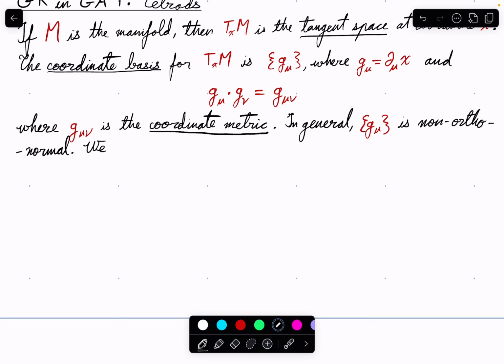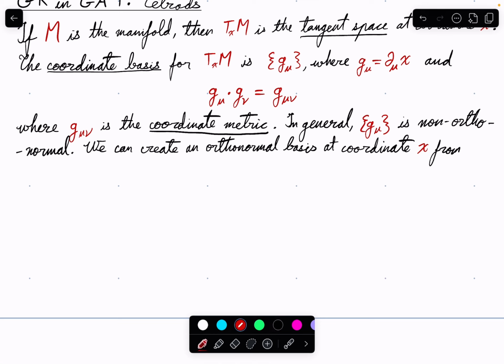We can, however, create an orthonormal basis at this coordinate x from the coordinate basis.